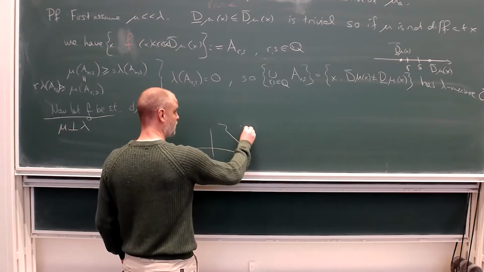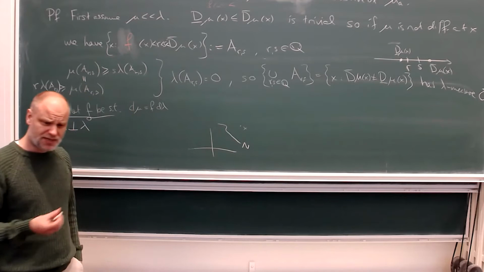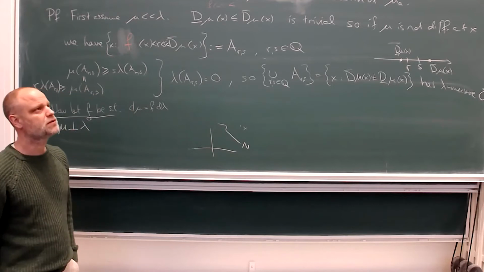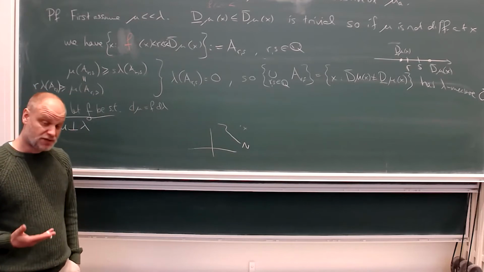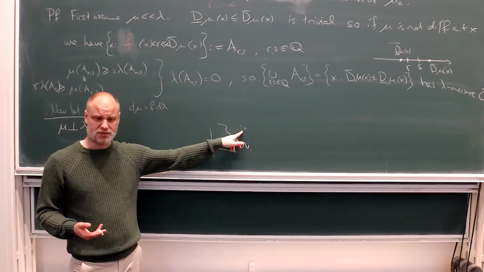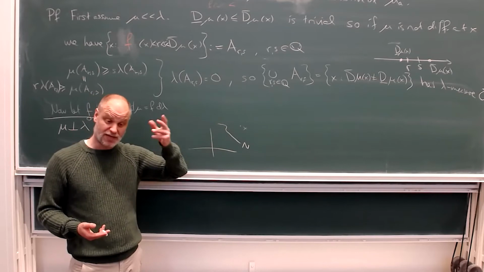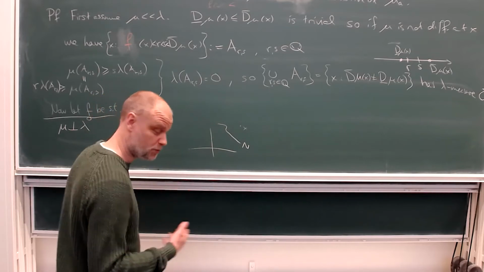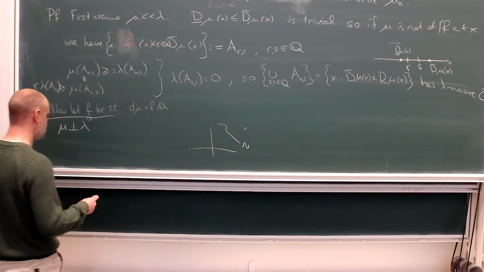So take a point here, x. And let's say the derivative of the measure, or just the superior derivative, something happens here, then we need to show that that is a small set basically.